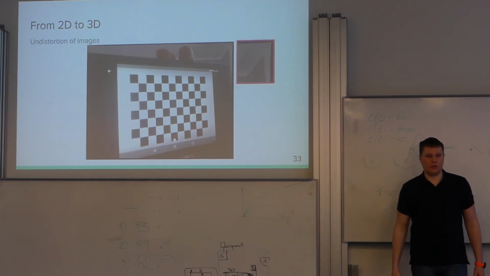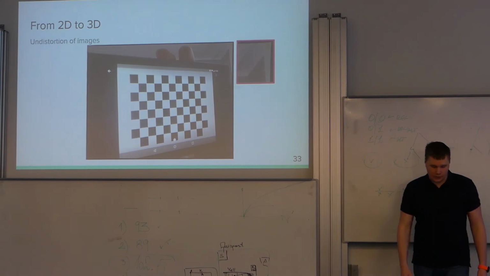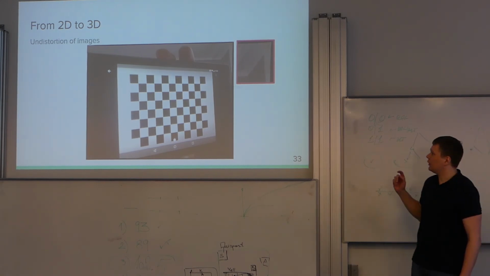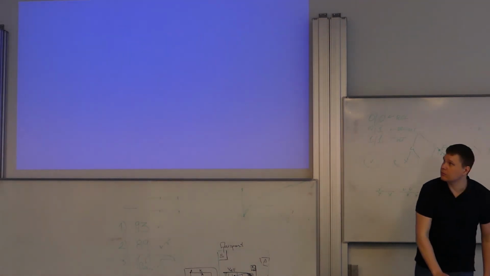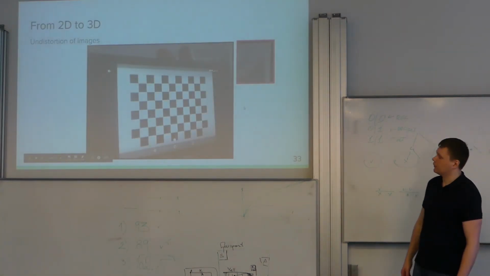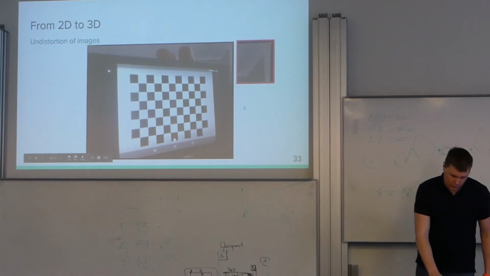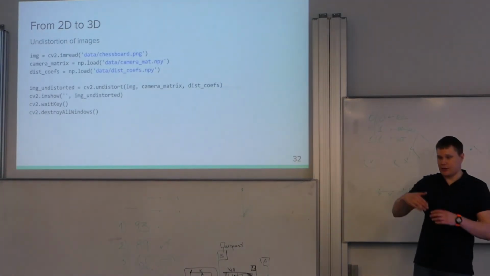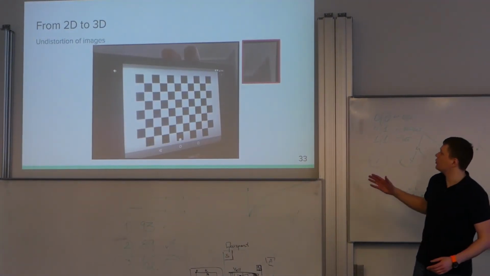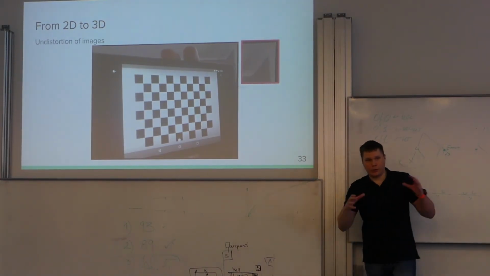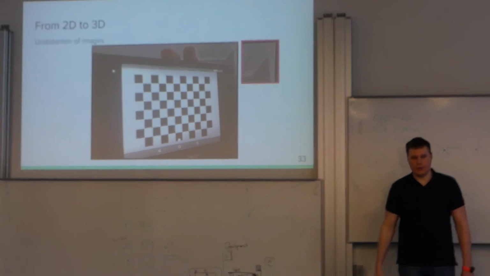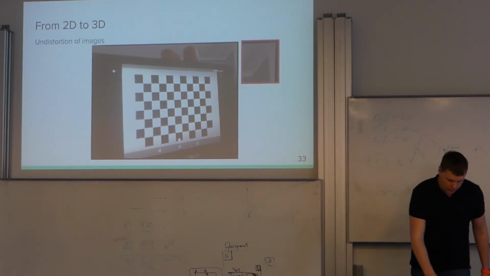The CV2 undistort function actually has some parameters to get the image without these black regions. So if you're interested, there is documentation about this.